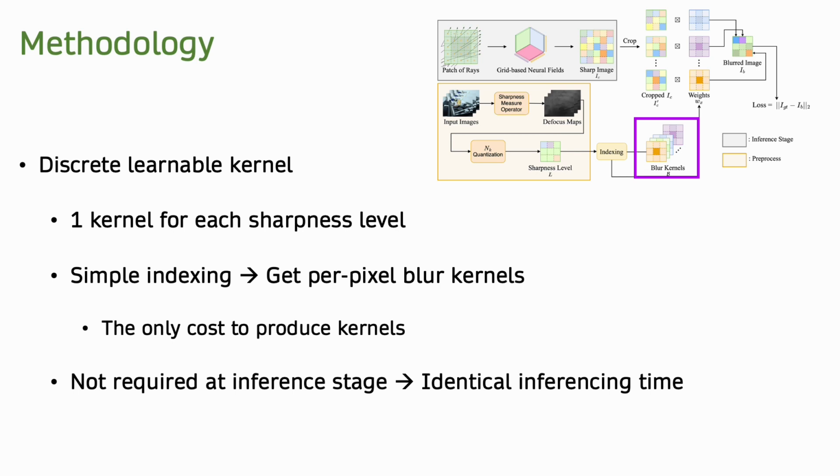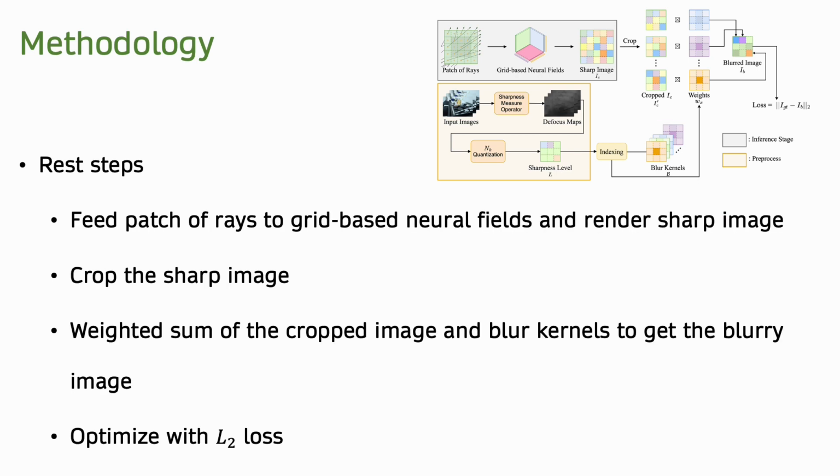Using the per-pixel sharpness level map, we can easily get per-pixel blur kernels through simple indexing. It is worth noting that applying appropriate blur kernels to appropriate regions of the images plays a key role in estimating the scene blurriness, because different regions at various depths of field have various degrees of blurriness.